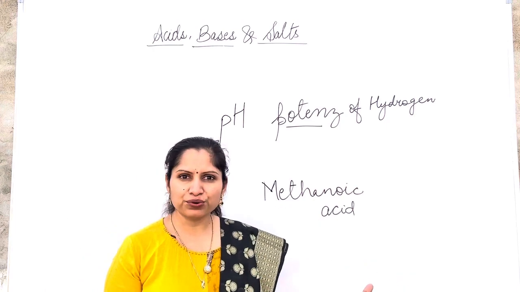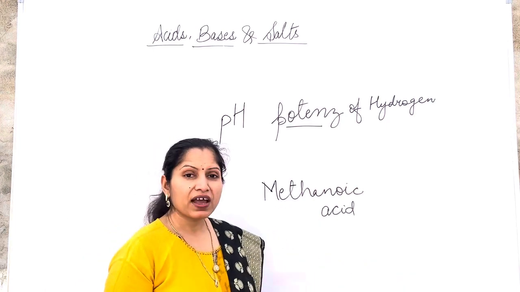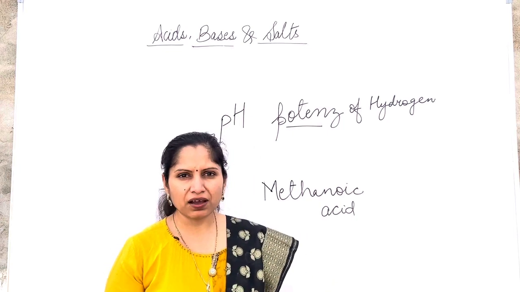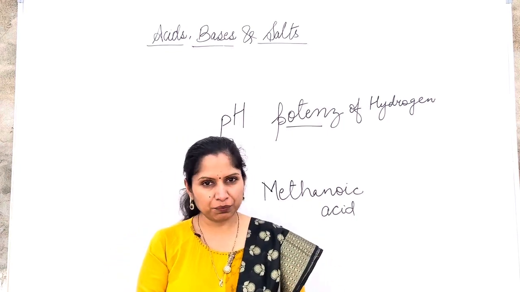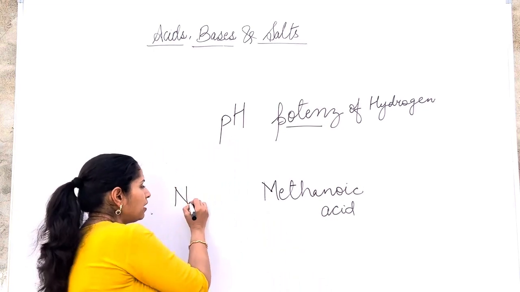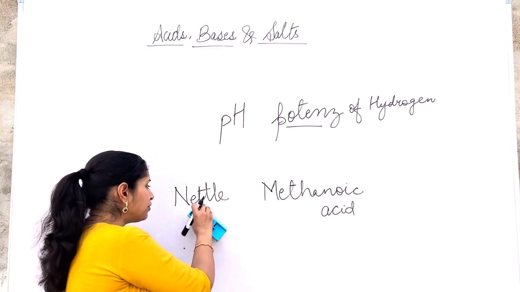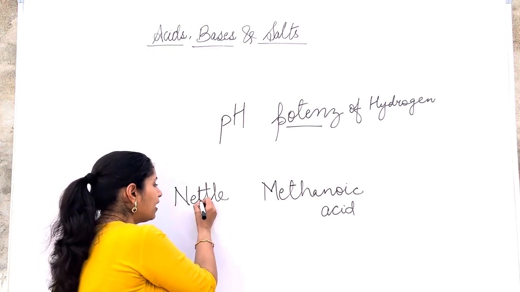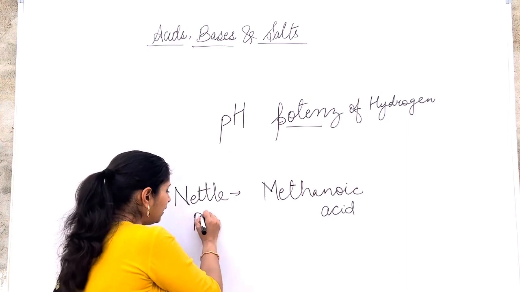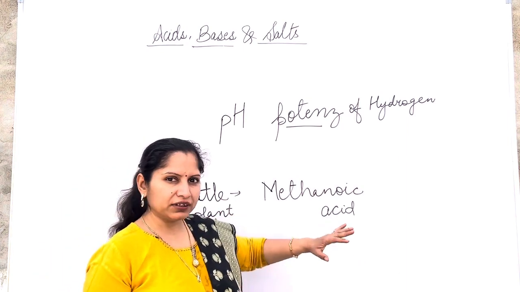In nature also, do you know some plants are there that produce methanoic acid, and if you get rubbed by that plant, you will still have that burning pain, and the name of that plant is nettle plant. So nettle plant is a plant that produces methanoic acid, and if you get rubbed by that plant, then you will be having the burning pain.